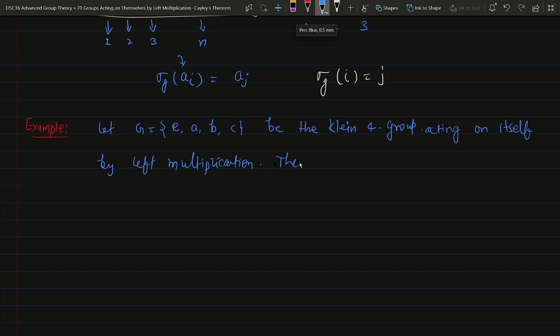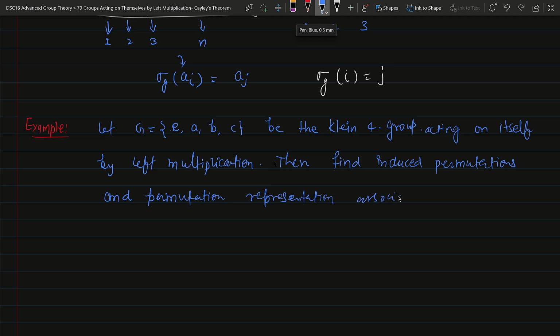Then find the induced permutations and the permutation representation associated to the group action.